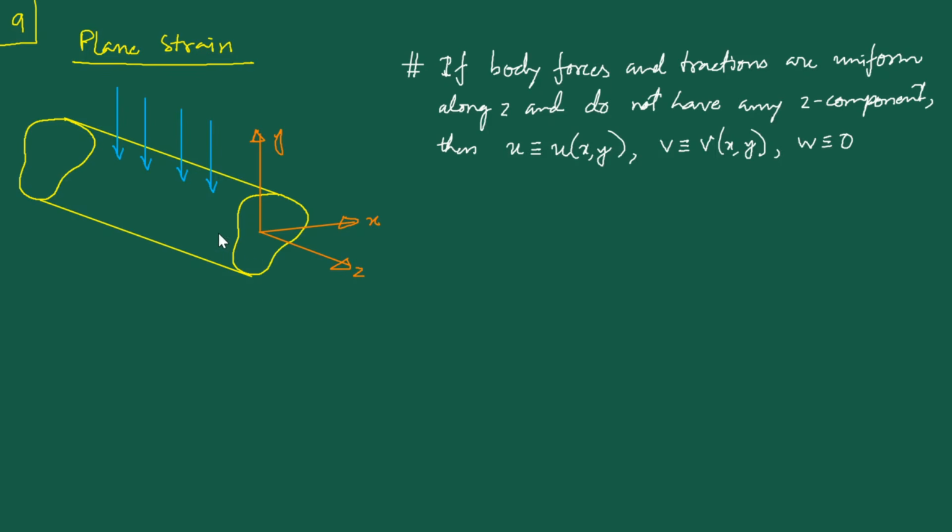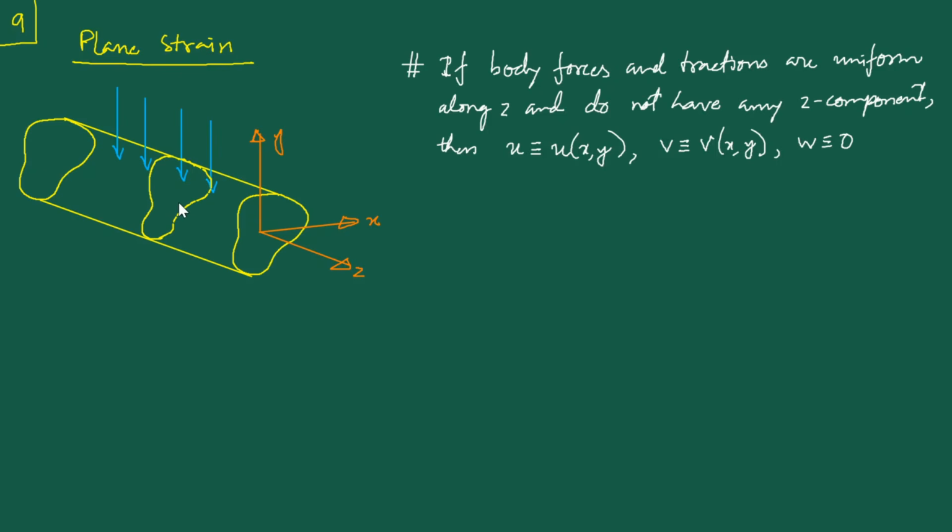What this basically means is that we are allowed to take any generic slice like this within the body, and it is guaranteed that no matter where we take the slice along z, the displacement field is going to be the same in all of those slices.